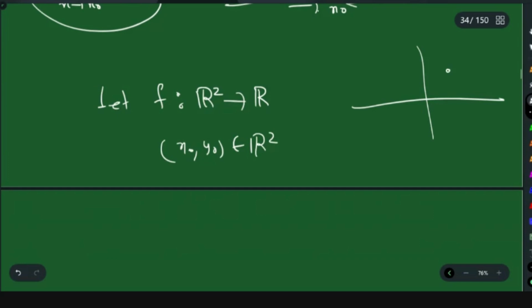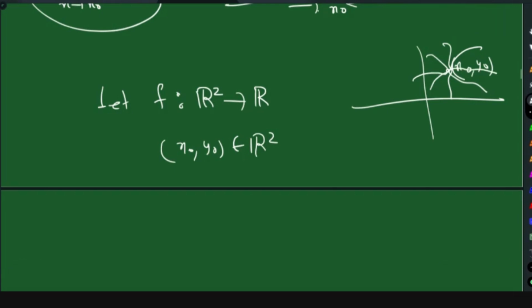You have to consider all the possible paths, all the possible curves, passing through the point (x0, y0). In fact, there are infinitely many curves. You should approach (x0, y0) along each curve. In all cases, if you look at the corresponding changes in f and it is equal along all curves, then we can say the limit at (x0, y0) exists.